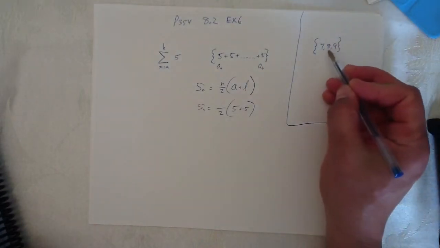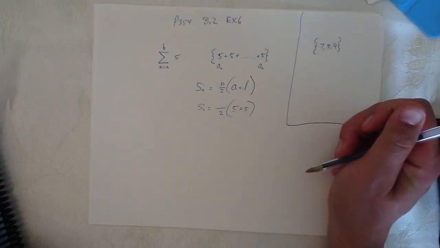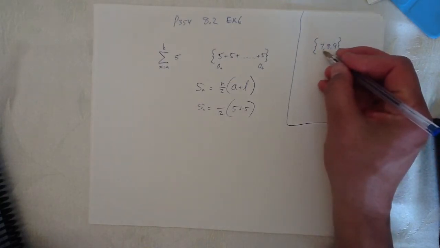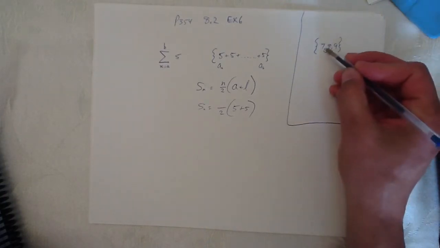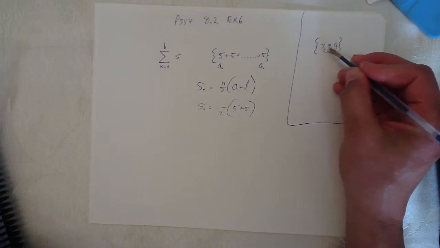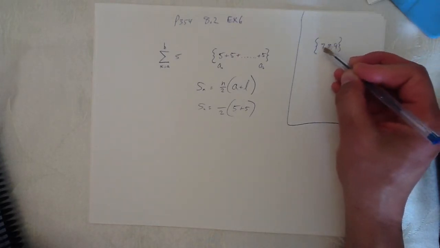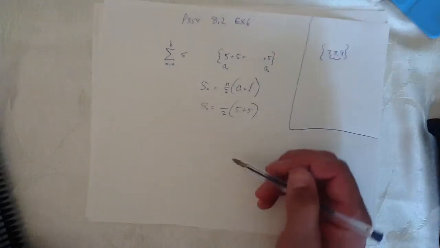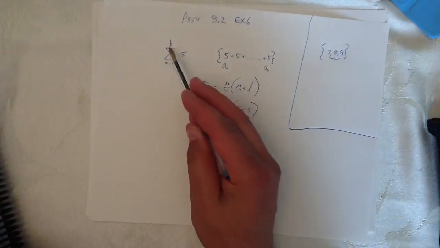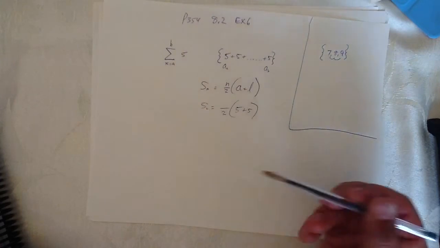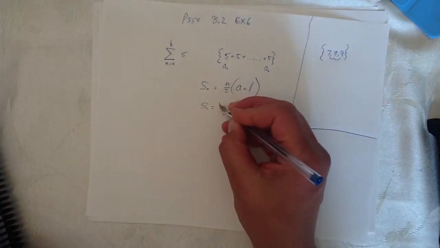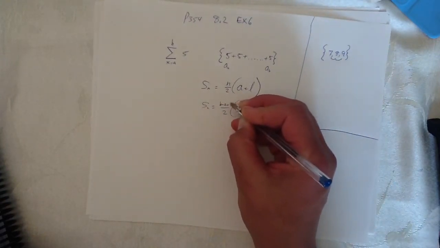The difference between 9 and 7 is 2 because we count 1, 2. We count the spaces in between them. But there are 3 terms here, and that's why we have to add 1: the difference between the 2, plus 1. So over here, the difference between the 2 is b minus a. And then we have to add 1. So b minus a plus 1.